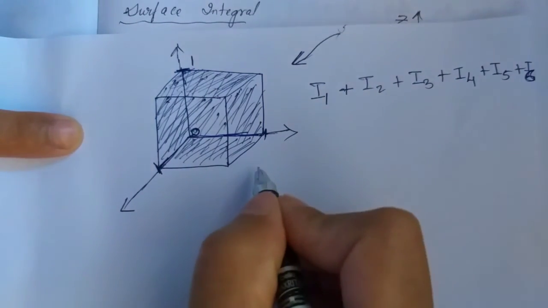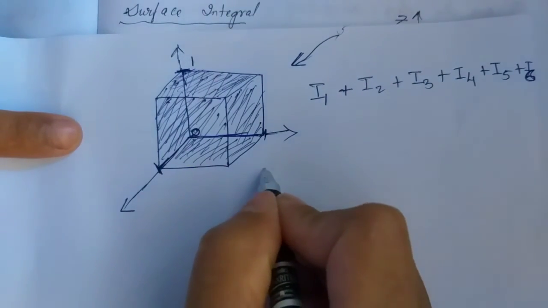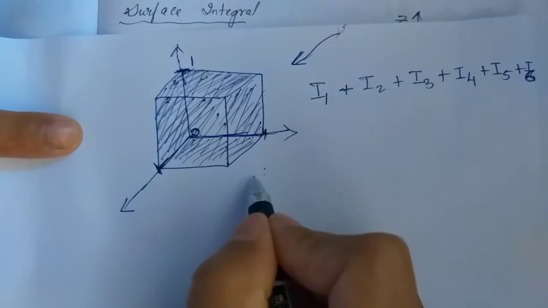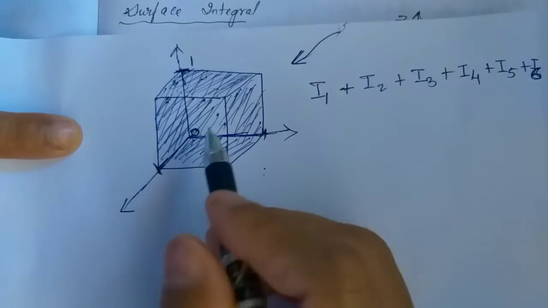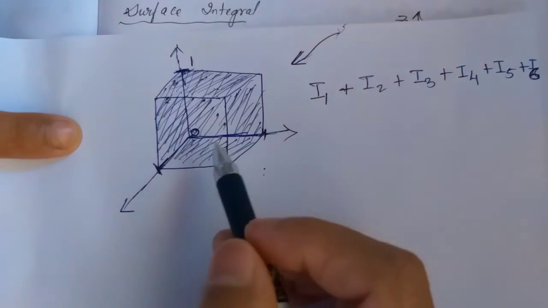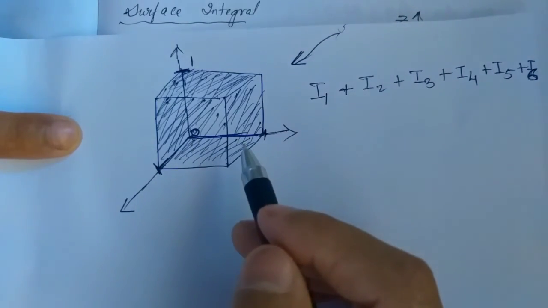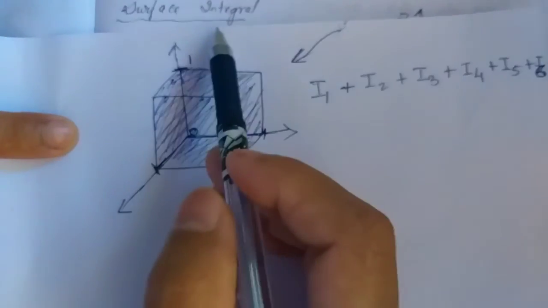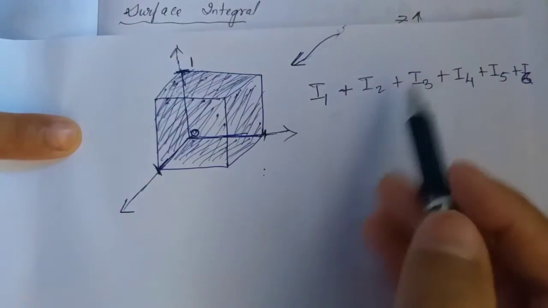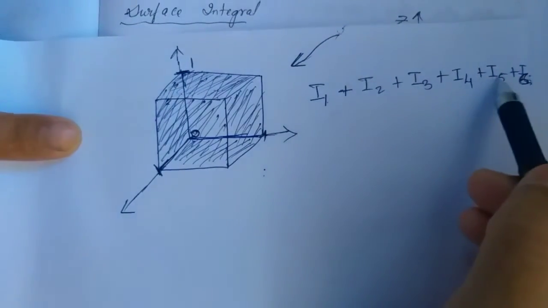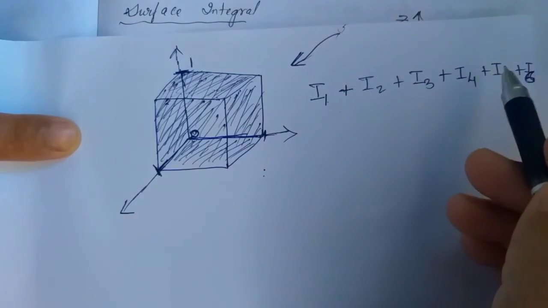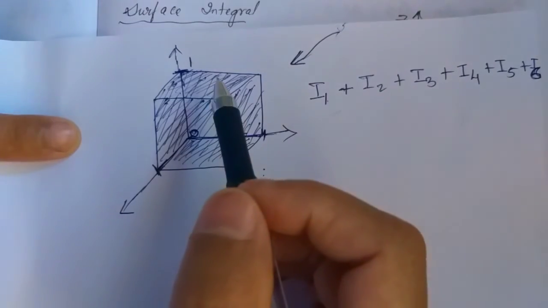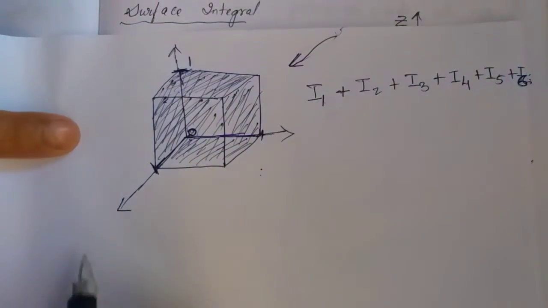If we find the volume integral, we find it only once, since we have only one volume of this rectangular parallelepiped. But for the surface integral, we have to find 6 integrals, since we have 6 surfaces of this rectangular parallelepiped.